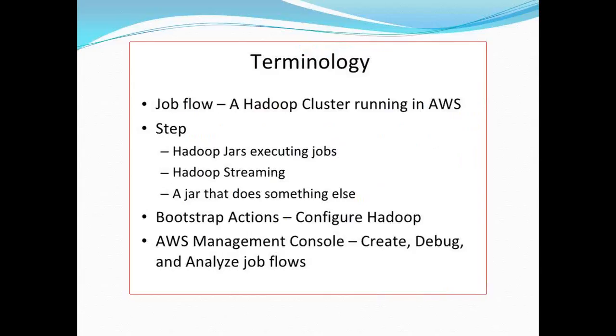From a job configuration perspective, these are some of the things which we need to keep in mind. The job flow is something which Amazon requests you to create. Those will be a series of steps which a job will constitute. So in a job flow, you will basically configure the name of the job, the files that you want to give it, the hardware that you want to use to execute the job.